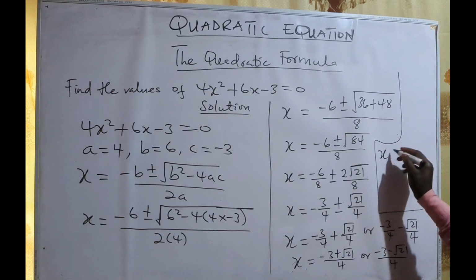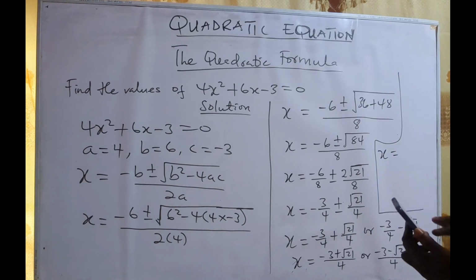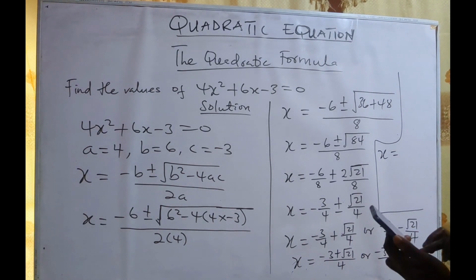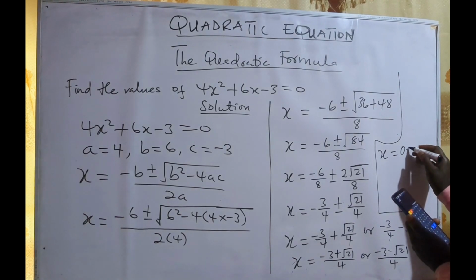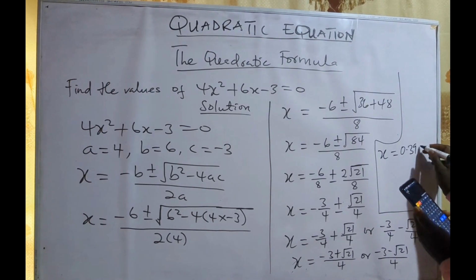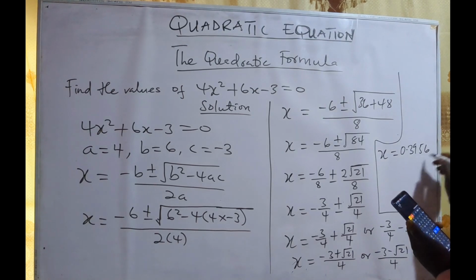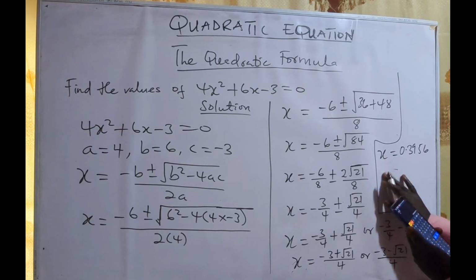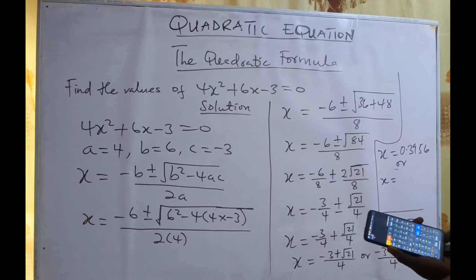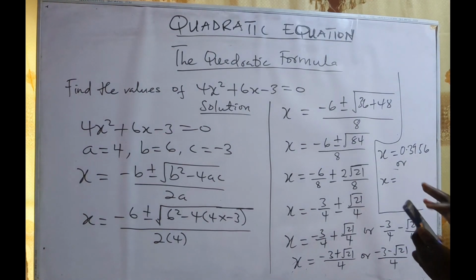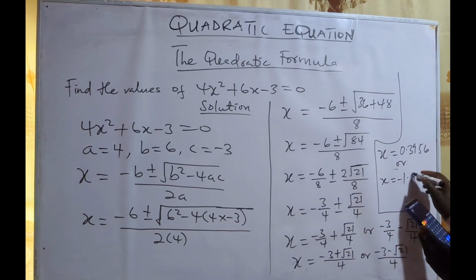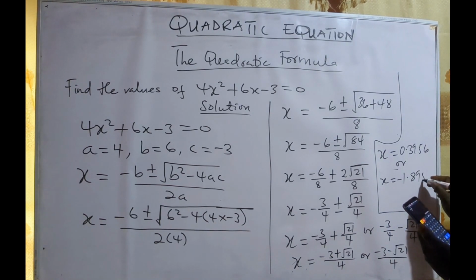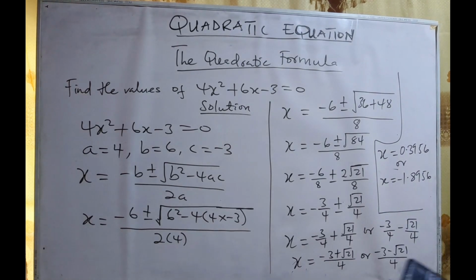So in decimal, our x is going to be, minus 3 plus root 21 all divided by 4 will give me 0.3956, or x will give me the second one, minus 3 minus root 21 all over 4, that's negative 1.8956, negative 1.89.